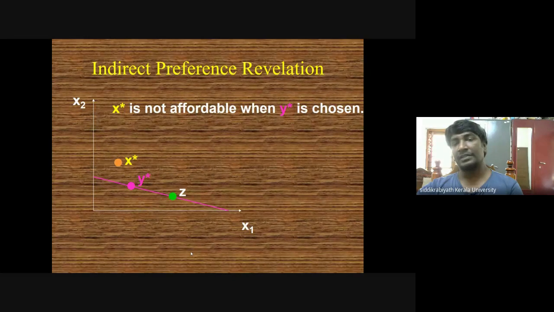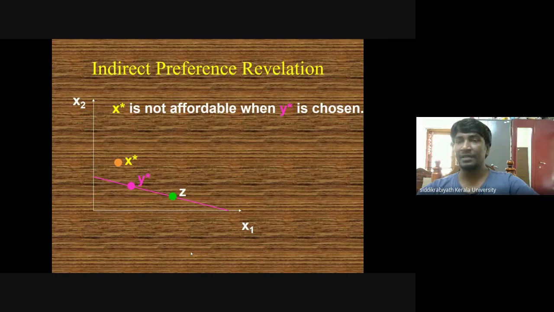Now in the second context, y and z are given and x is not attainable, given the y and z ray or magnitude of the commodity. The person chose point y star when x is not affordable.